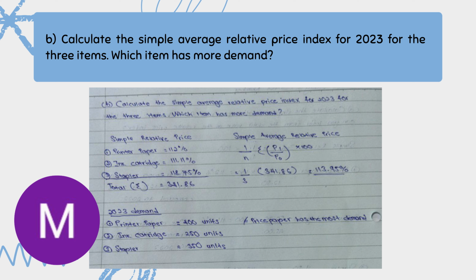Okay, for 2023 demand, we can see that printer paper has 400 units, ink cartridge has 250 units and stapler has 350 units. So the conclusion here: printer paper has the most demand because it got 400 while the others have only 250 and 350.